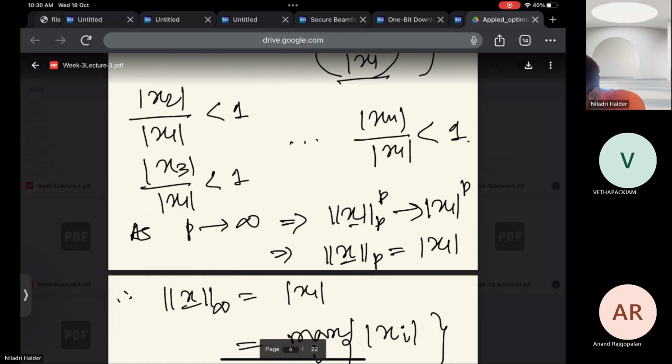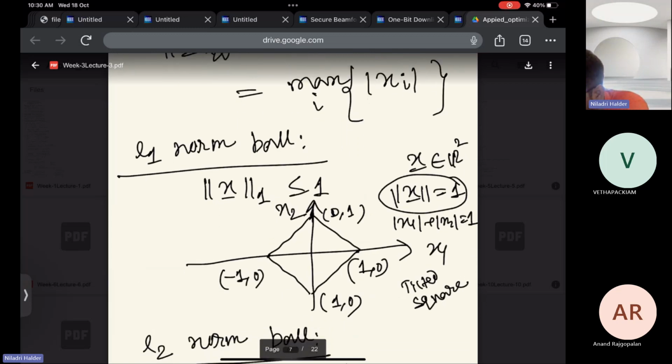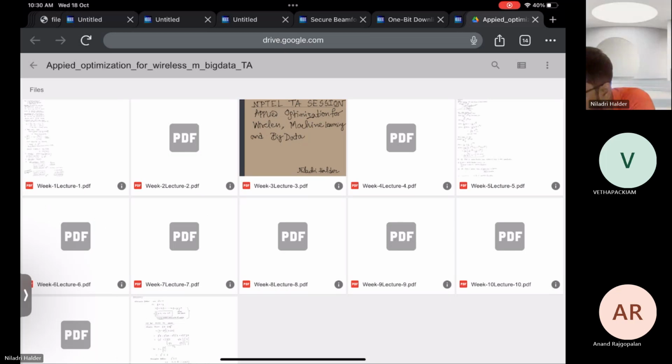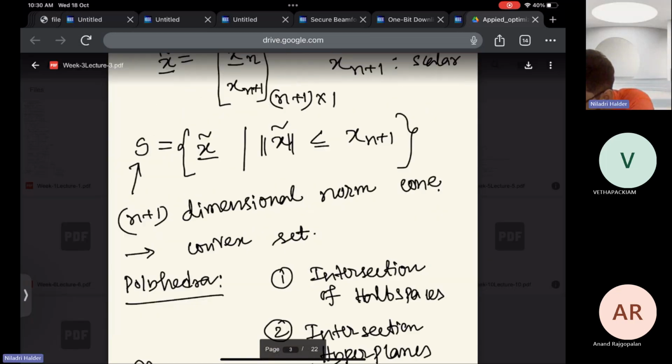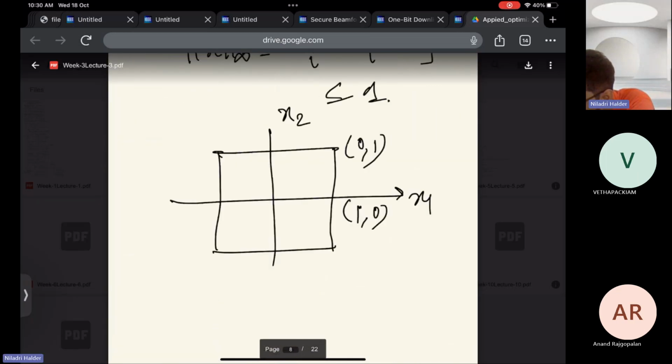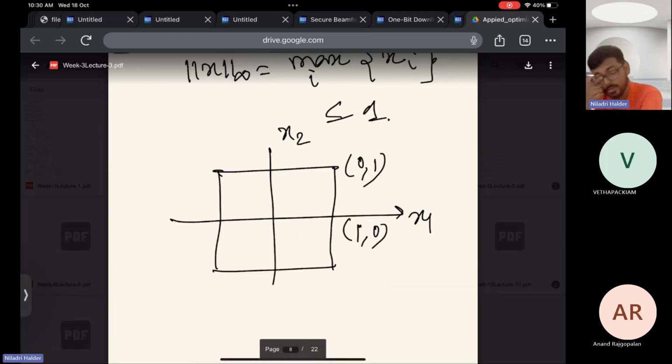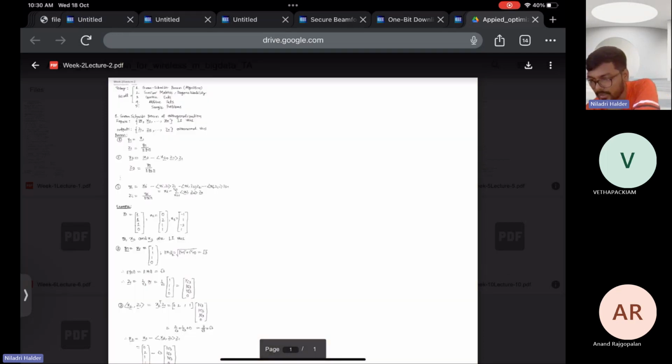Then the L1 norm ball is a tilted square, and the L2 norm ball is just a circle, and the L infinite norm ball is a square itself.